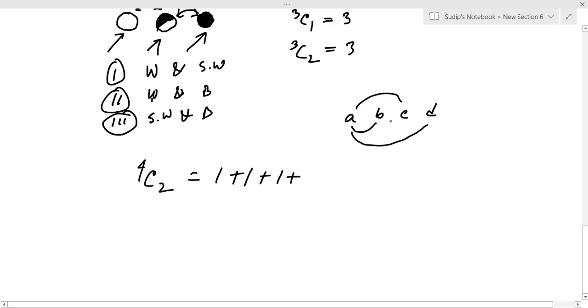Now choose BC, that is 1, plus another one is BD. Then you have only one combination remaining, that is CD. So you have a total of 1, 2, 3, 4, 5, 6 options. So this 6 is 4C2.